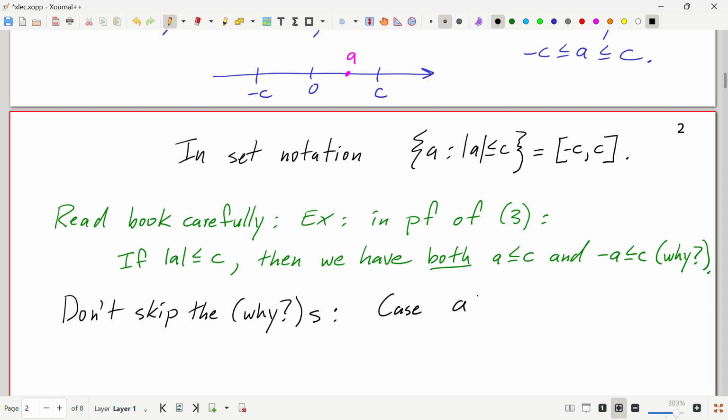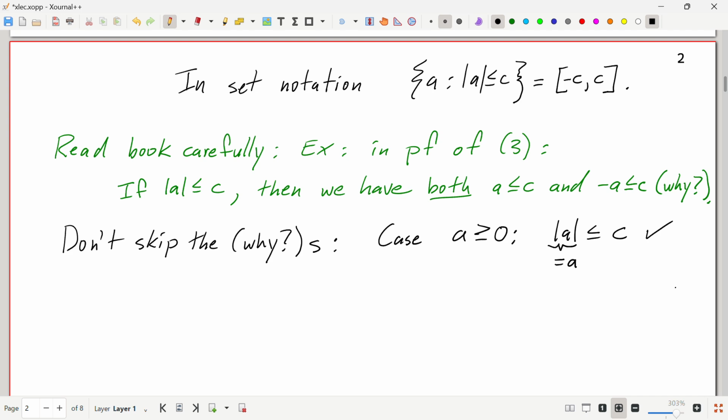If A is bigger than or equal to 0, then of course we would have absolute value of A is less than or equal to C. That's the assumption. And this would be equal to A. So we have the first one. The first one's done. A less than or equal to C is one of the things we have to see, but I have to see the other one.